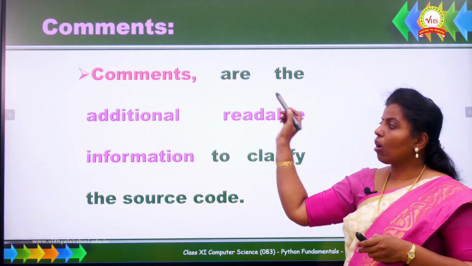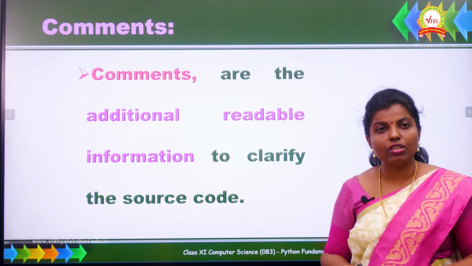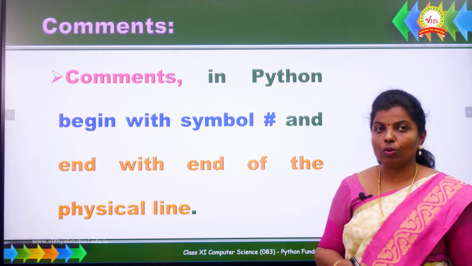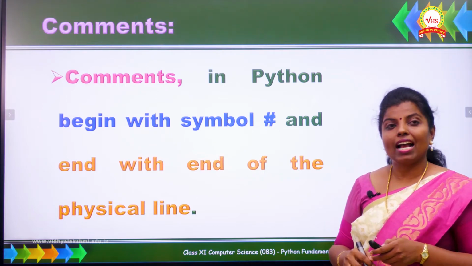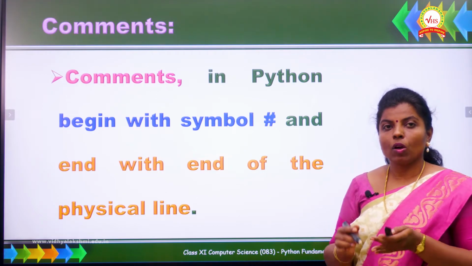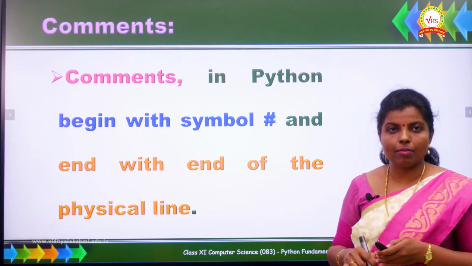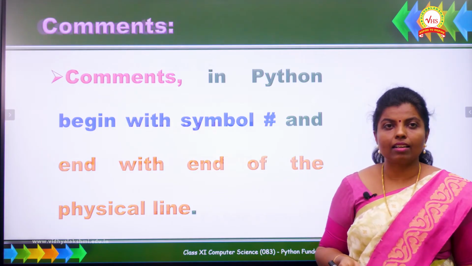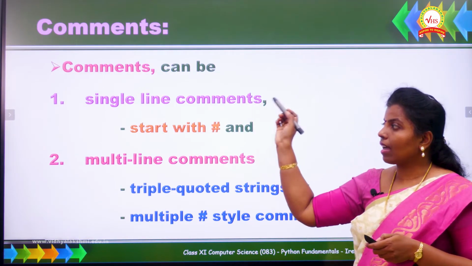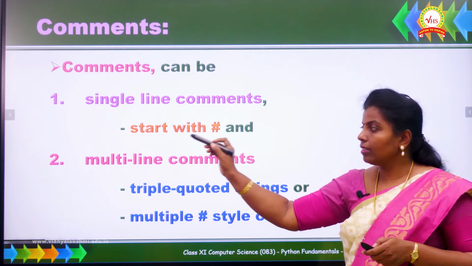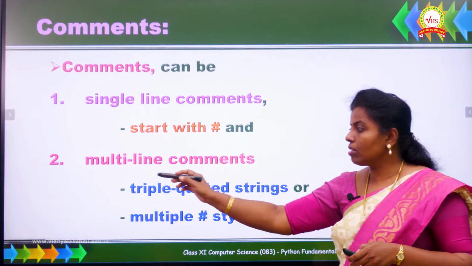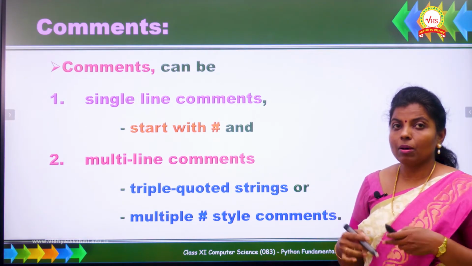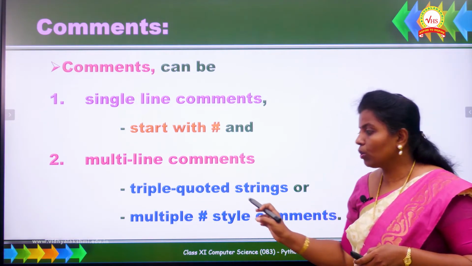So comments are the additional readable information to clarify the source code, and also comments in Python begin with the symbol hash and end with the end of a physical line. Always they begin with the hash symbol if they are normally single line comments. The comments can be single line comments. They start with the hash symbol, as I have said, and also we have multi-line comments. The multi-line comments are triple quoted strings.